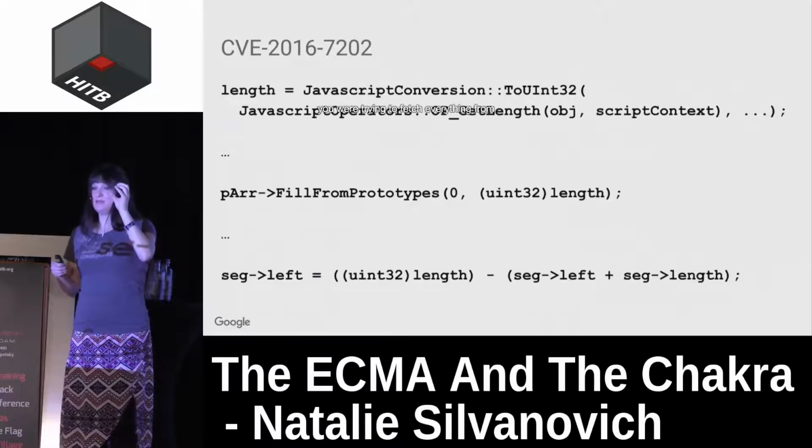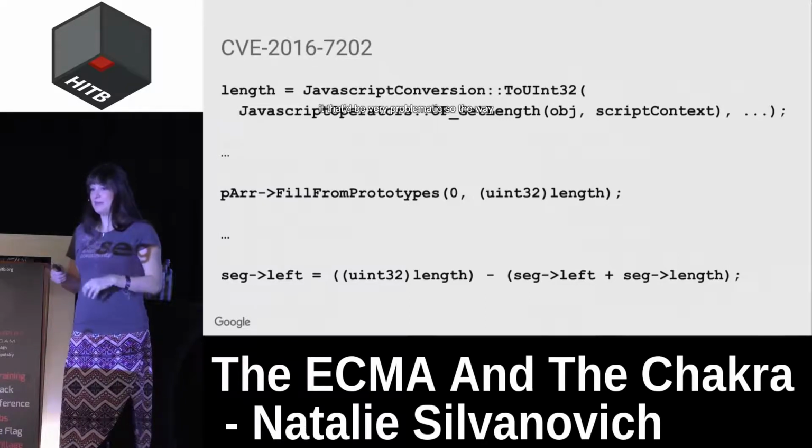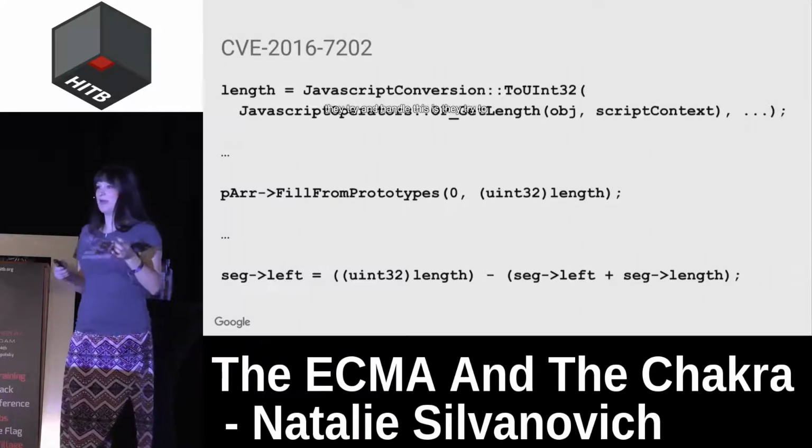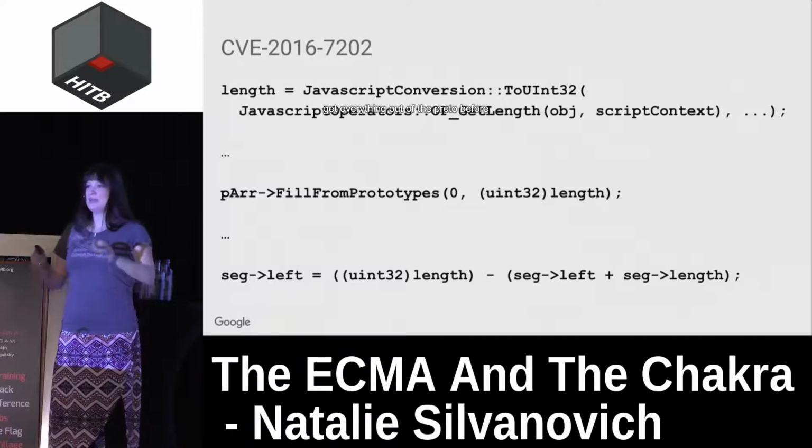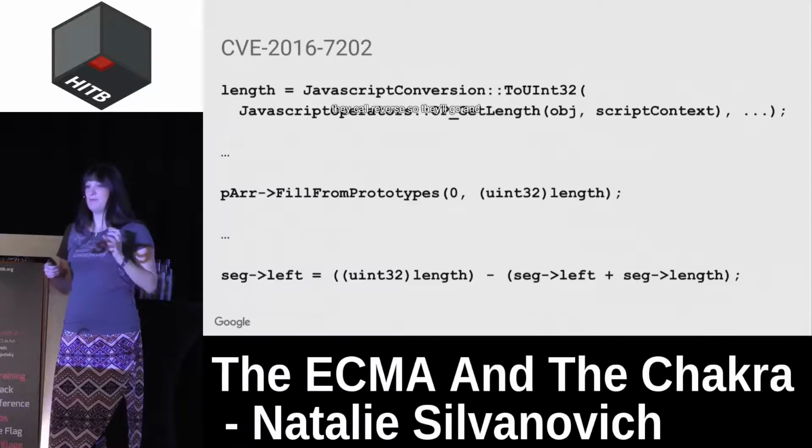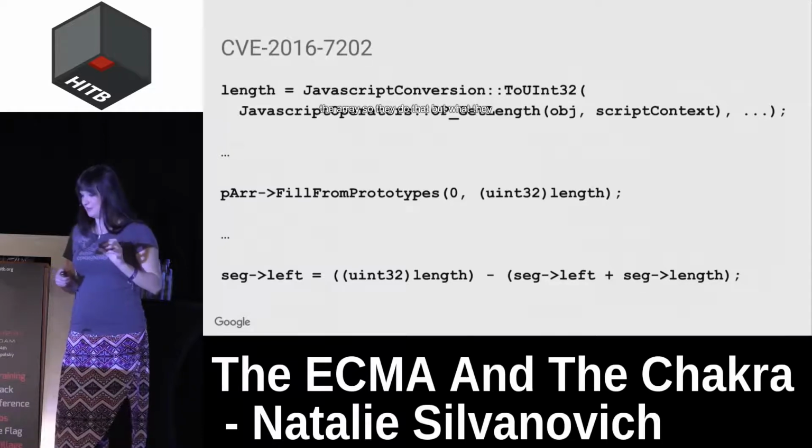So you can imagine if you were trying to fetch everything from the proto every time you accessed an index, and you didn't even know that was there before you were trying to reverse it, that'd be very problematic. So the way they try and handle this is they try to get everything out of the proto before they call reverse. So they'll go and iterate through the proto and make sure that if you have, say, element 3 on the proto of the proto, they copy it into the current array, so now that element is in the array.